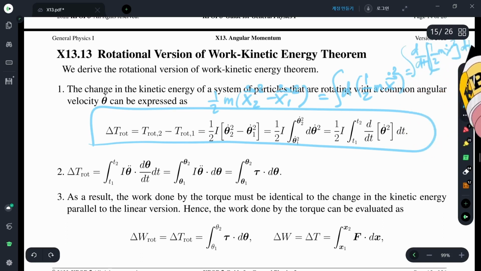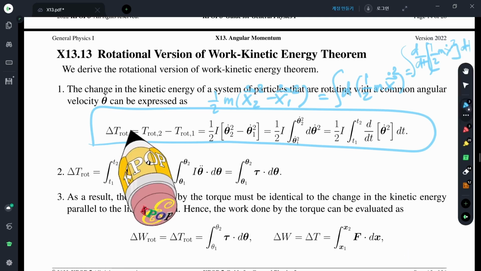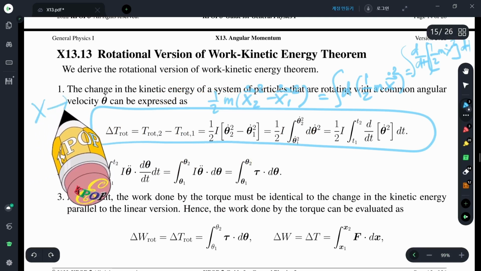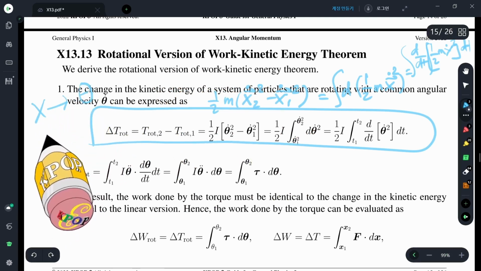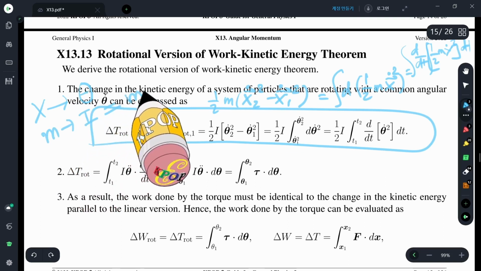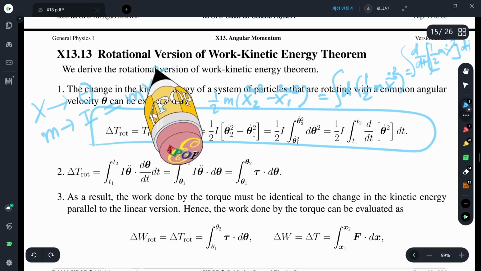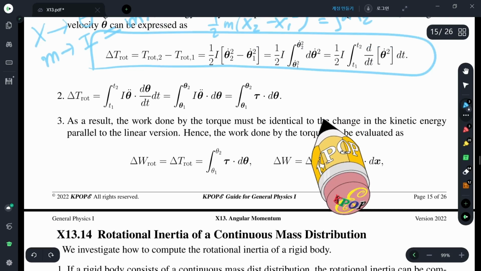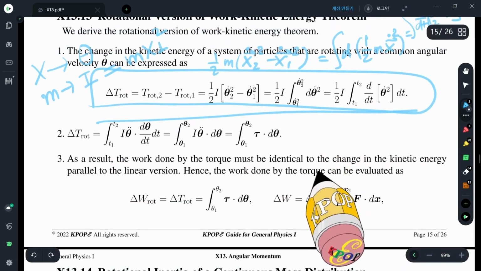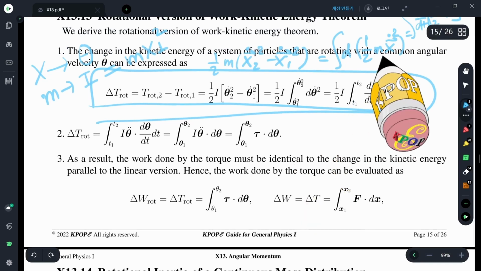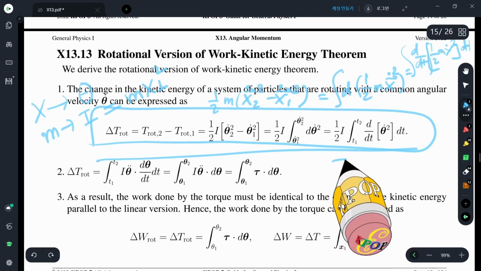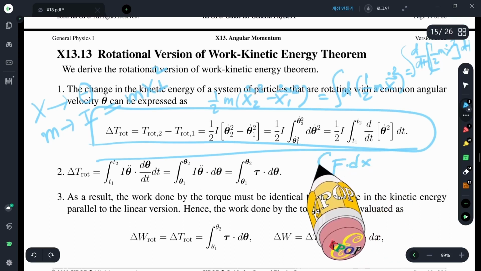Integrate over time, something like that. We have a carbon copy. We replace x with theta, m with I. I is m x perp squared. That's it. The work kinetic energy theorem states that this is the same as force times displacement.